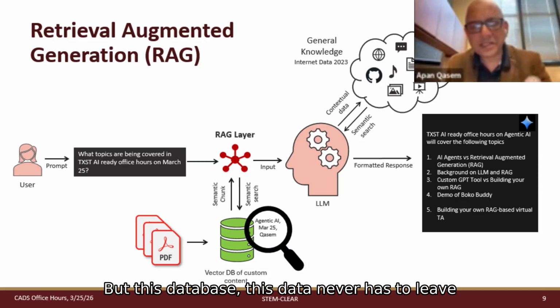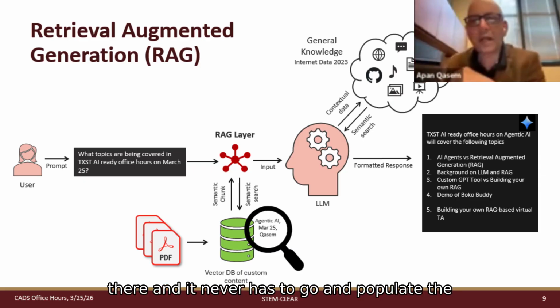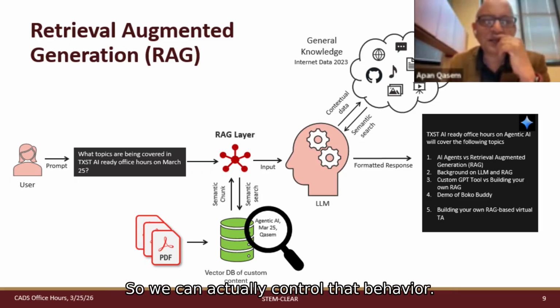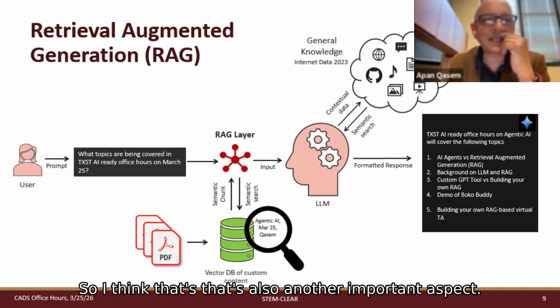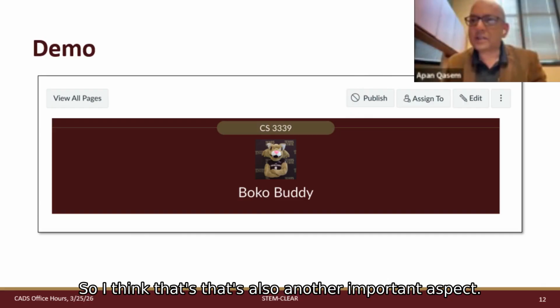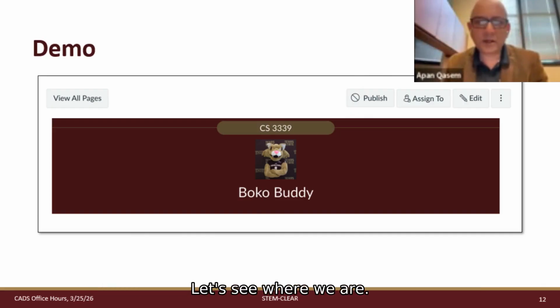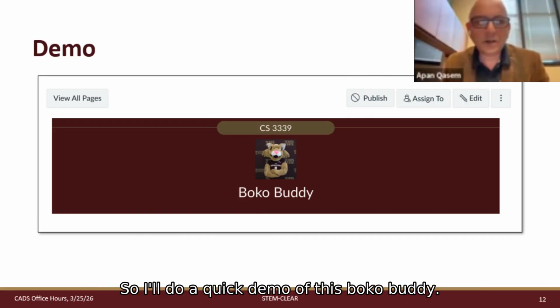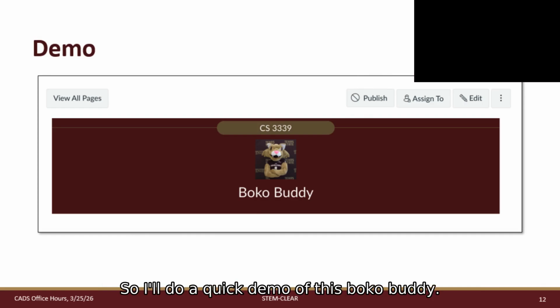But this data never has to leave there, and it never has to go and populate the knowledge base, so we can actually control that behavior. So I think that's also another important aspect. Let's see where we are. So, all right. I'll do a quick demo of this Boko Buddy.